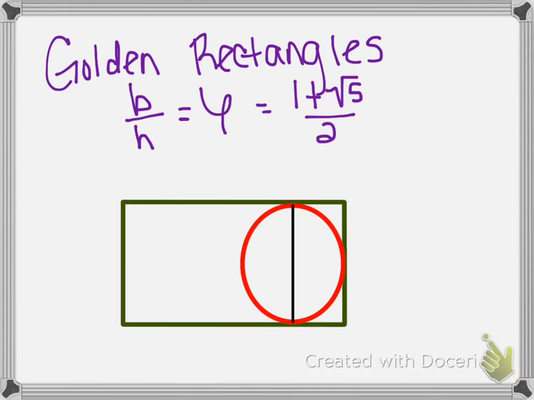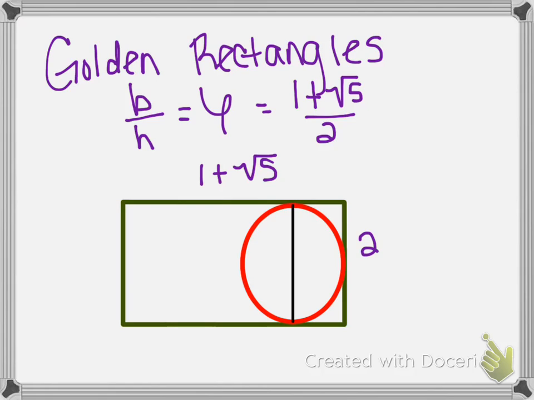So before we can decide if either one of these 2 smaller rectangles is a golden rectangle, we have to put some measurements to our golden rectangle. Let's just use the number phi that we have. If we apply 1 plus the square root of 5 to the base and 2 to the height, we can then figure out if we have 2 smaller golden rectangles.